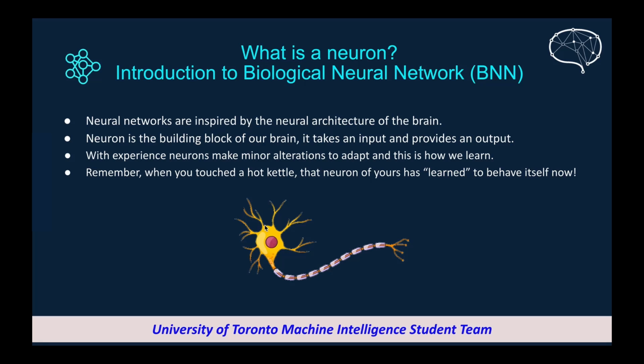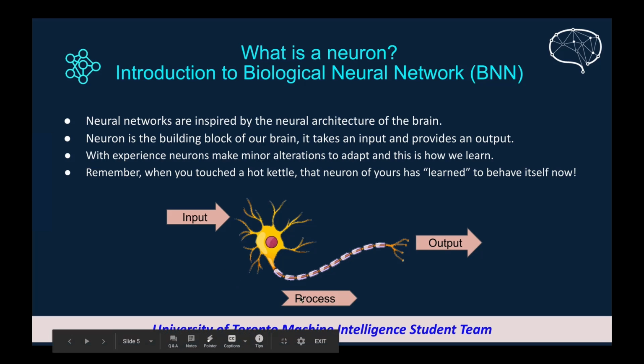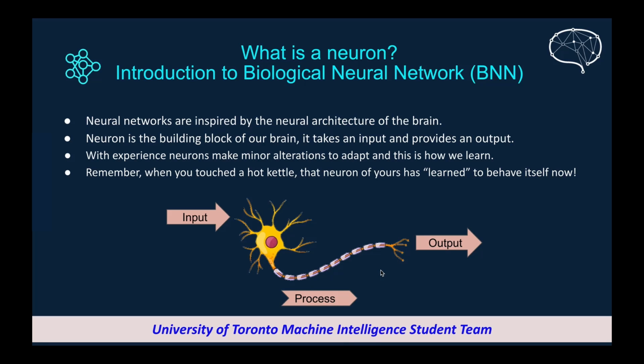Here we see these are the dendrites that take in the input, similar to the input layer of the neural network we saw in the last slide. Then this is the axon, which transports information through the hidden layer, which processes information, and finally the output is let out to the dendrites of the nearby cells, which is a similar work process to the output layer of the neural network.